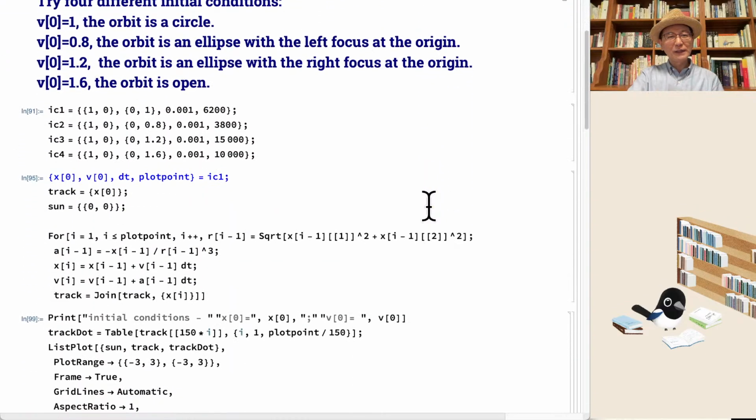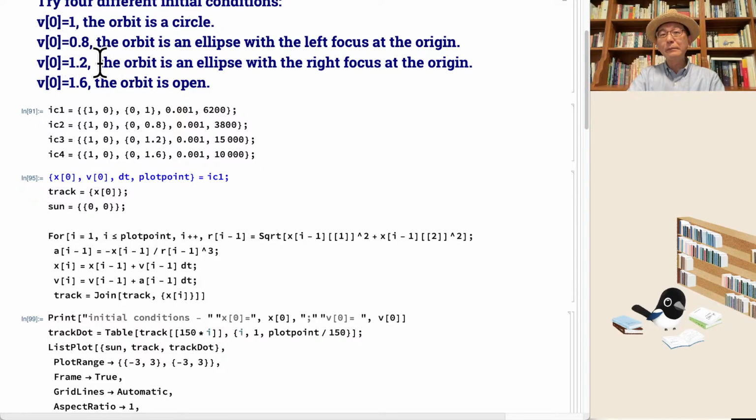So I will try 4 different initial conditions. Let me explain them here. The first one is V0 equal to 1. And it ends up that the orbit is a circle. You can actually convince yourself because at that time, it just happens that this satisfies the equation of motion for circular motion.